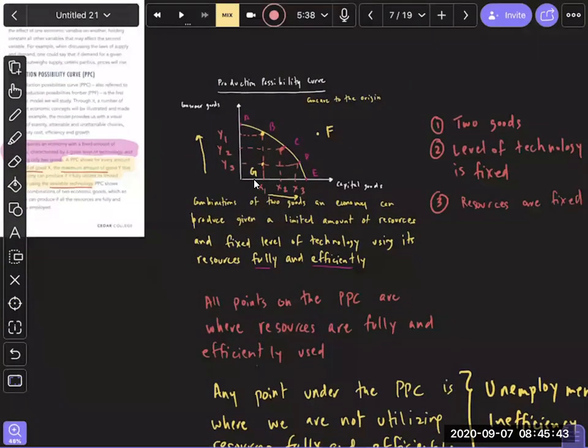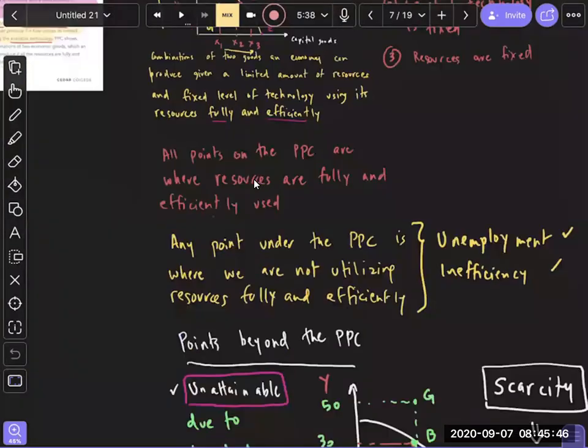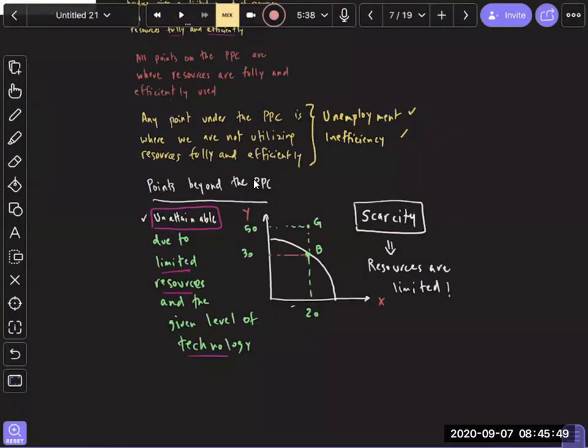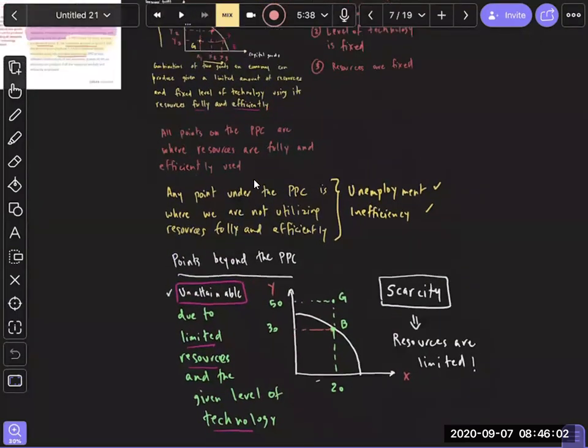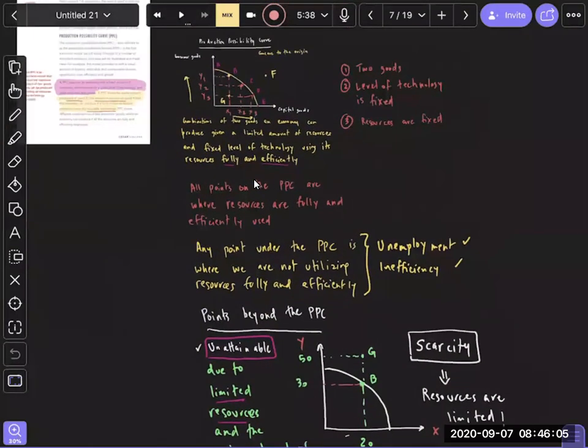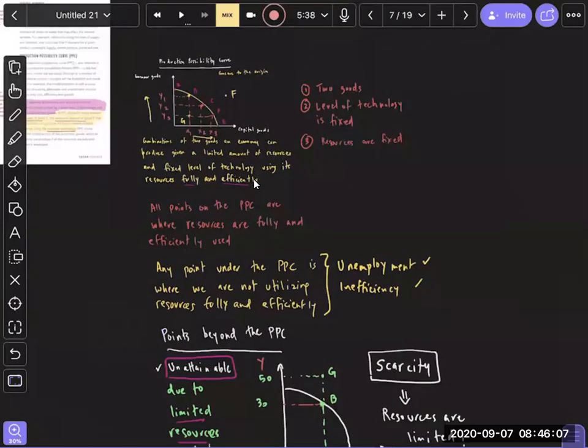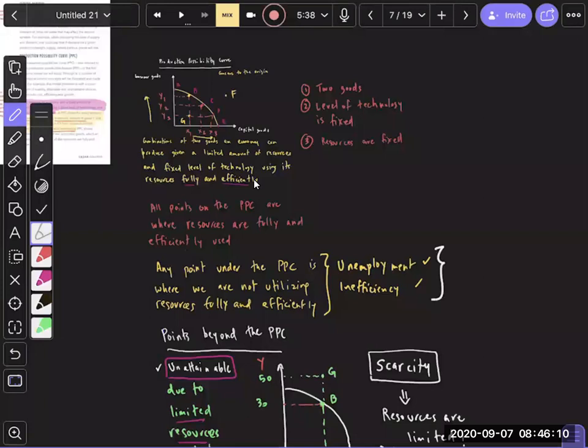But all points beyond the PPC show us a desirable combination of two goods, but unattainable because of our limited resources and given level of technology. So in a way, points beyond the PPC show us scarcity, points under the PPC show us unemployment and inefficiency, and points, let me write this, points on the curve are showing us, anyone, what are points on the curve showing us?